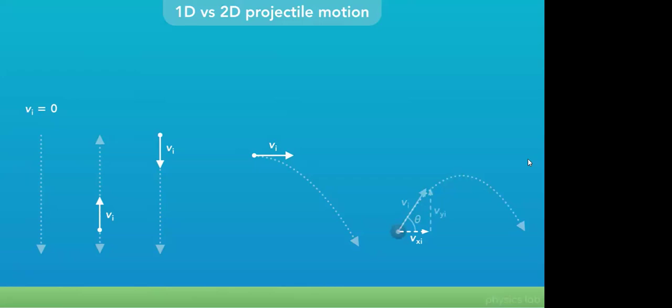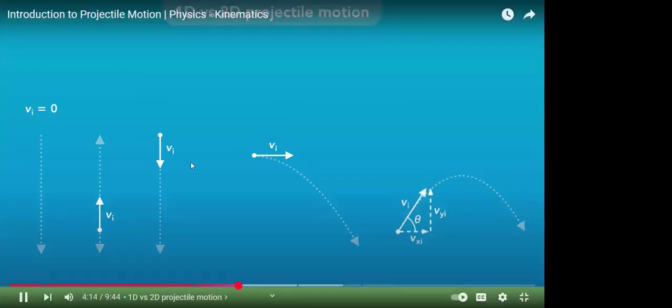velocity. Okay. So did you understand what is projectile? So projectile is basically, these are all possible projectiles. Okay. So this is the path. So it is falling downwards, or even like throwing a ball down, throwing a ball upwards, things like that, or throwing a ball sideways. So when you throw a ball sideways, it's not going to go straight like this, it's going to take a path like this.